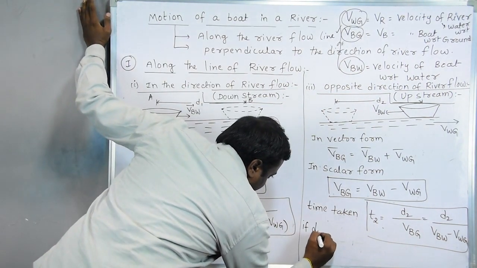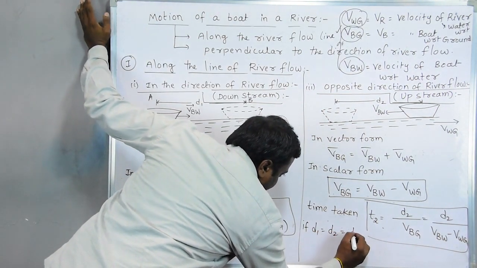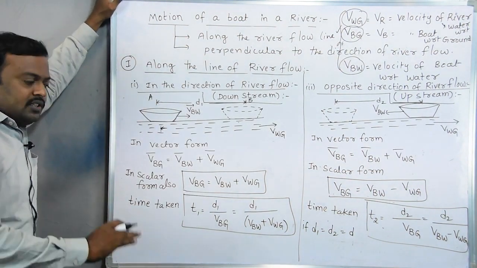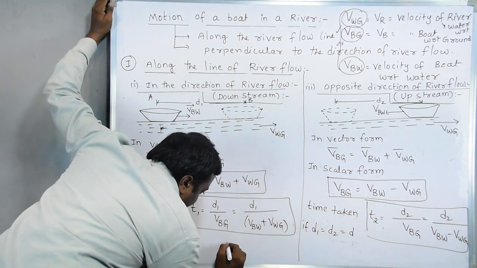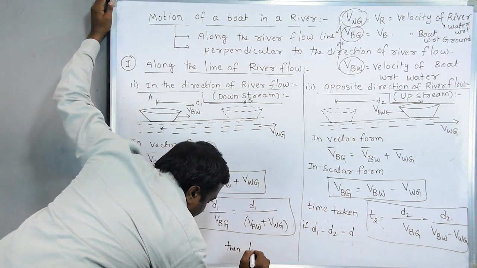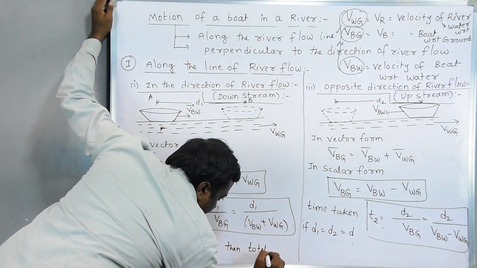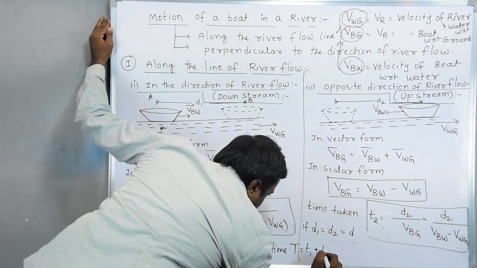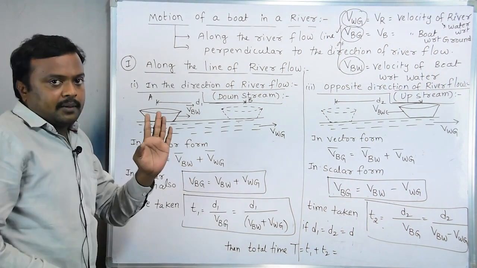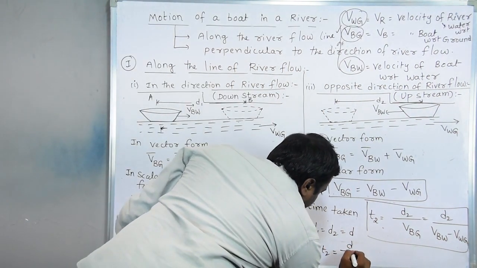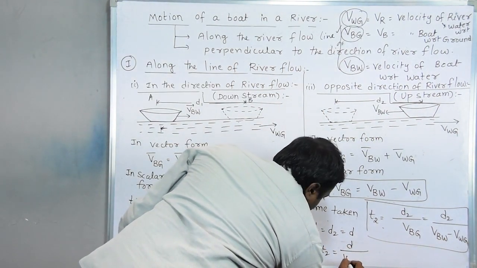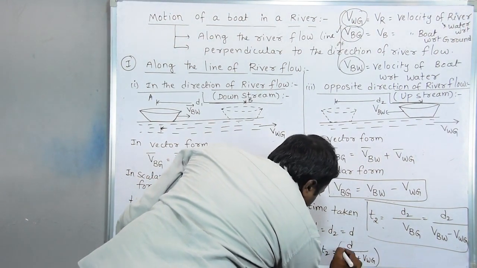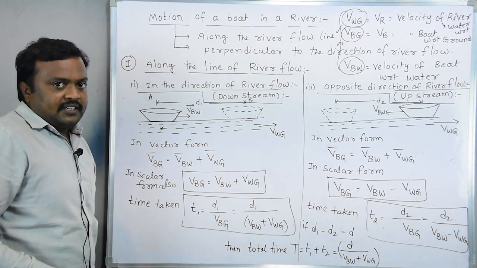If D1 is equal to D2 is equal to D, then what can we write? The total time in upstream and downstream, T1 plus T2, is D by VBW plus VWG, initially derived for different distances.